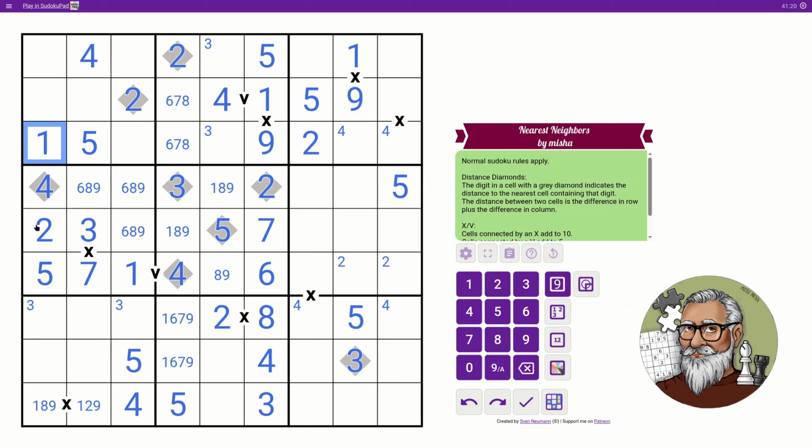Maybe try to fill in the ones. That helps. Maybe. This isn't 1 anymore. This isn't 9. Close. One of those is 1. Not as useful as I'd hoped.